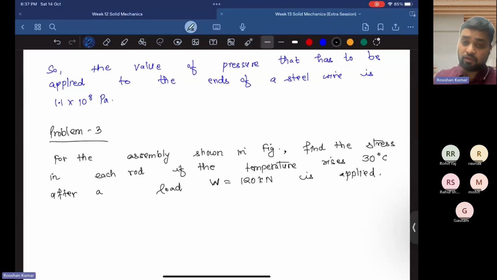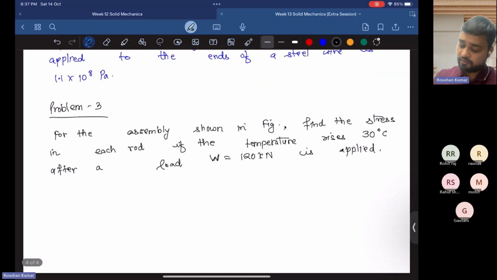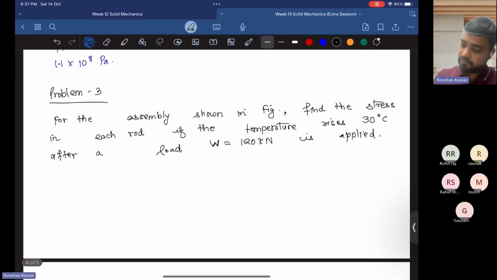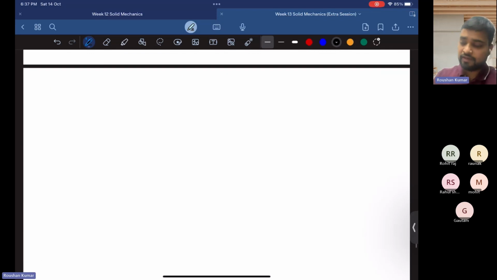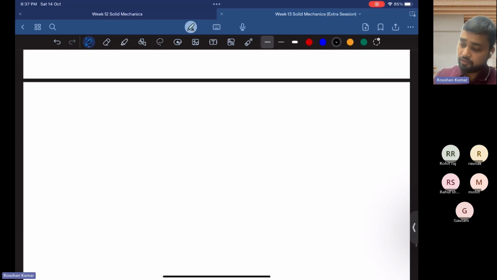So there is a figure also in this question. So I will draw the figure first. I think the figure will not fit in that space, so I will draw it on the next page.